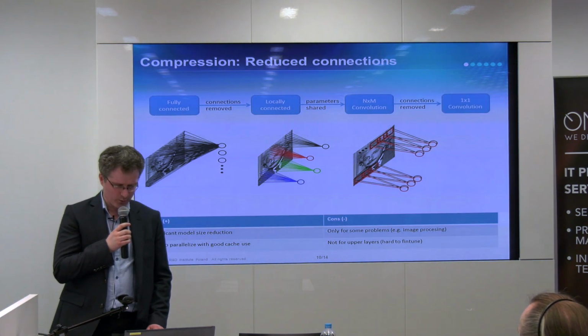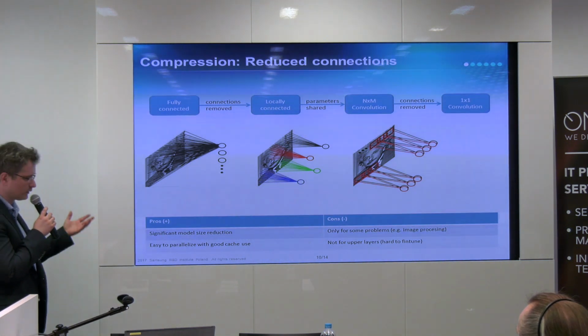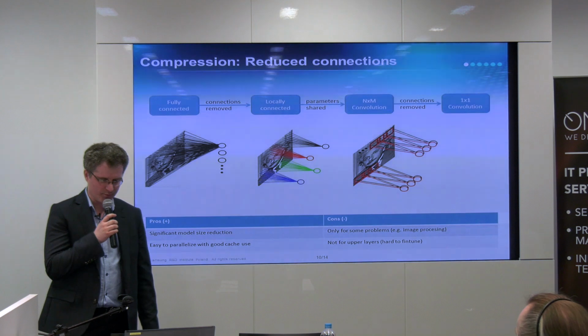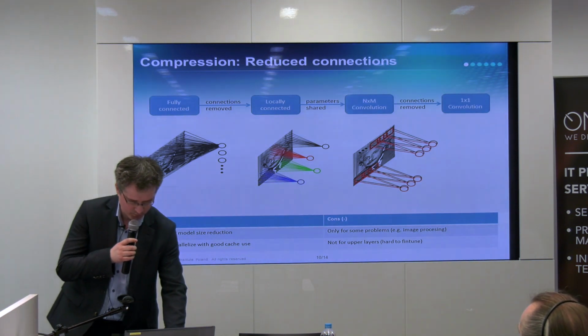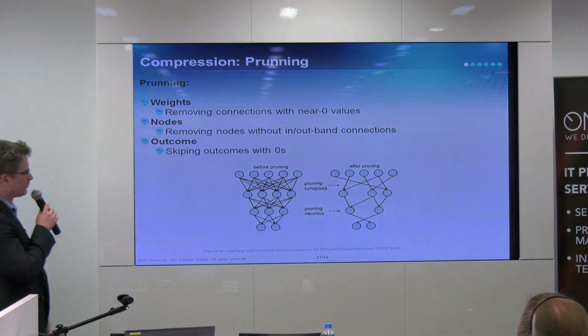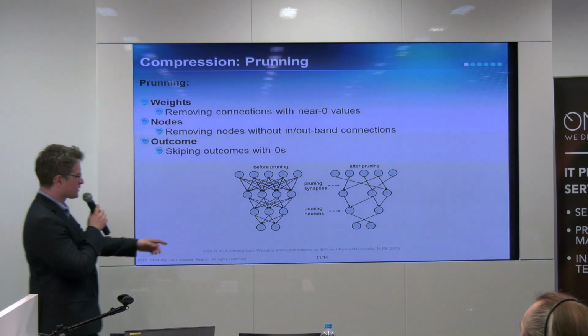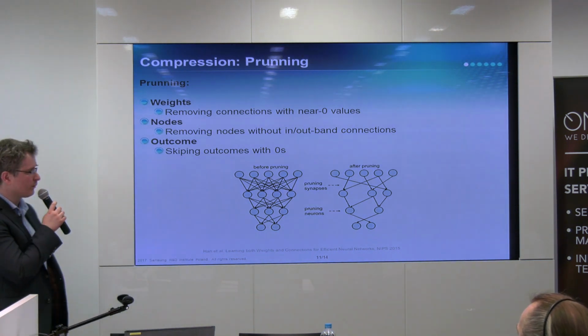Okay, so maybe we will try to do it another way. We train the network in the cloud using high-performance GPUs, and then try to reduce connections. Okay, we can remove connections. For example, if we notice that some weights are near zero, we can just give them a zero value.